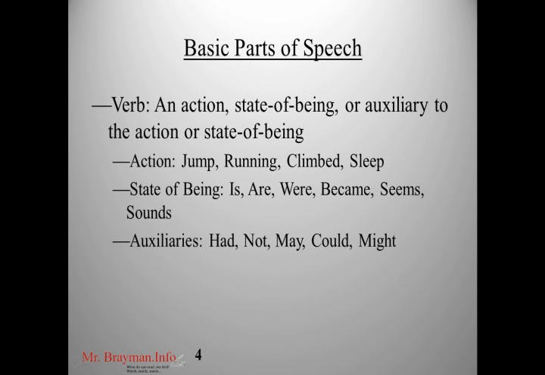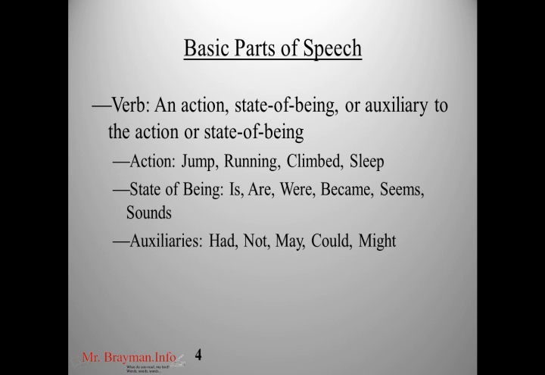Remember that a verb is an action, a state of being, or an auxiliary to the action or state of being for another verb, right? So action verbs are things like jump, or running, or climbed, or sleep, right? Those ones are usually pretty easy to pick out. The state of being is also a verb, and these are harder for students to pick out. Is actually a verb, right? If I say, my dog is red, right?